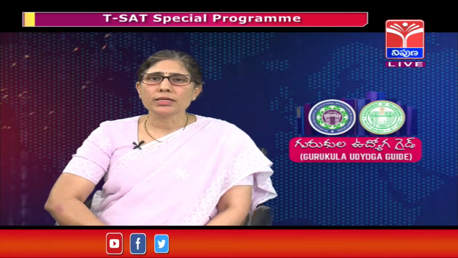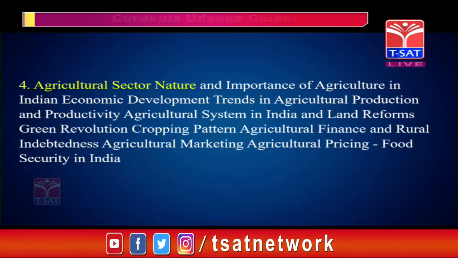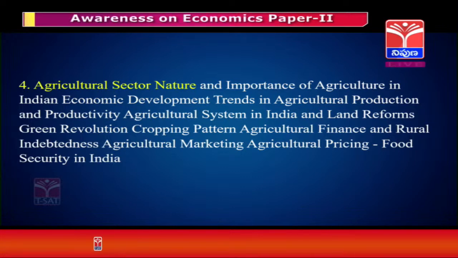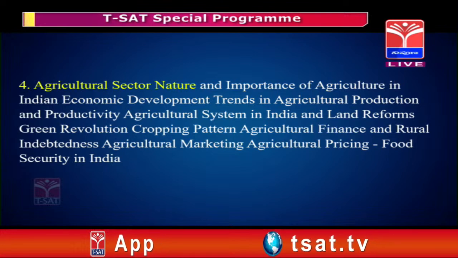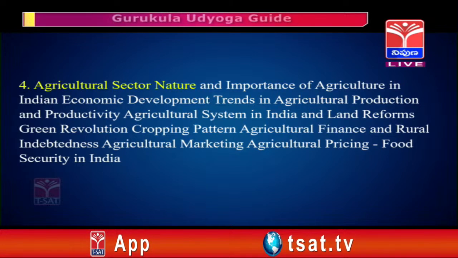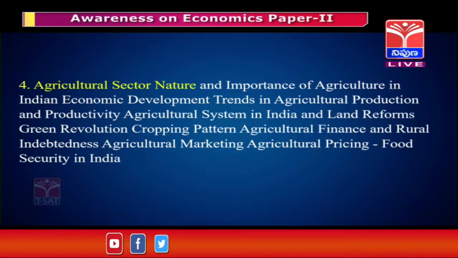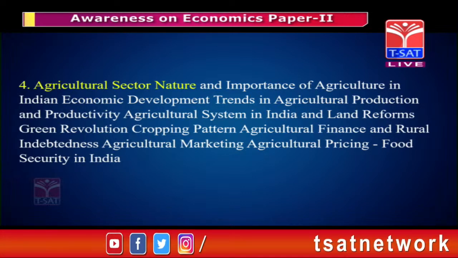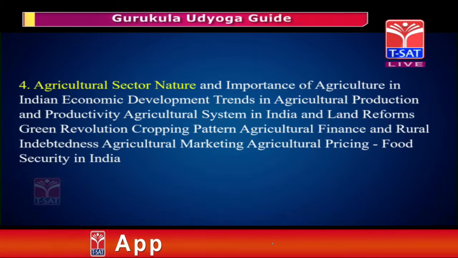Now coming on to the agricultural sector. The agricultural sector in India has played a very important role in India's development, and food security is the most important thing. As far as India is concerned, every year the food production is increasing, and we have enough reserves and stock of food to take care of the growing population in India, and at the same time we are also exporting food grains to other countries.